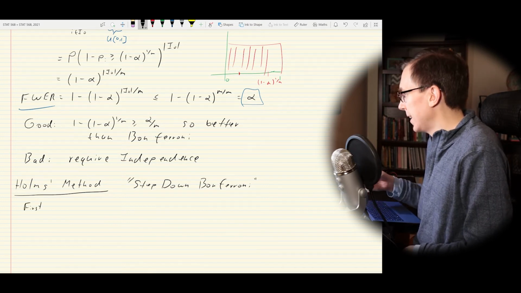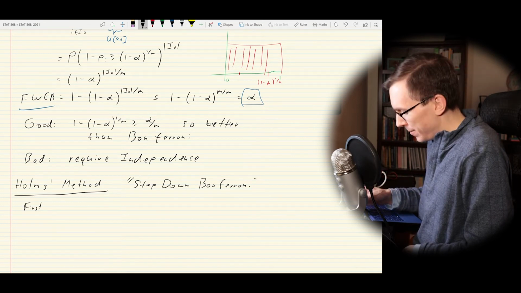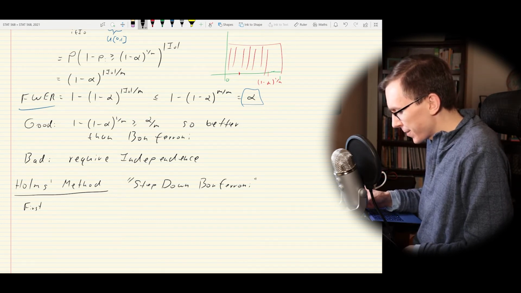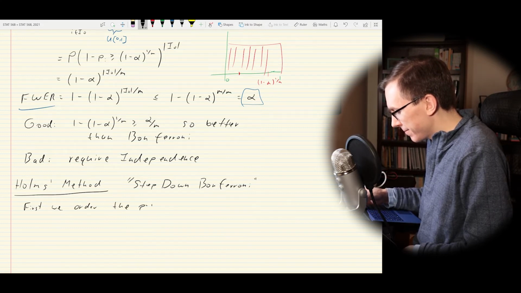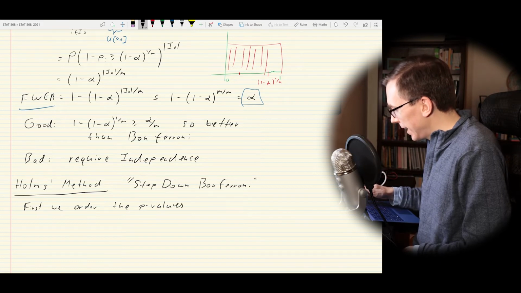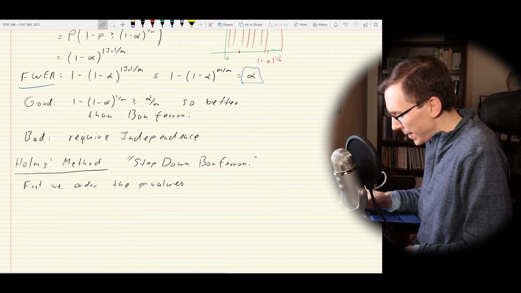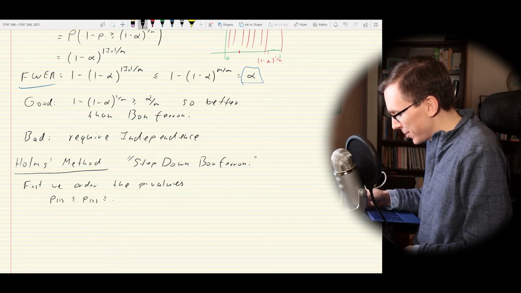First, I think I used the order statistic notation. So first, we order the p-values. And by ordering the p-values, we end up with something that looks like p(1) less than or equal to p(2) less than or equal to up to p(m).